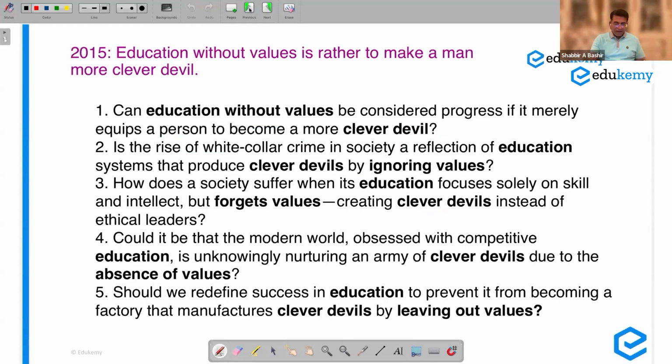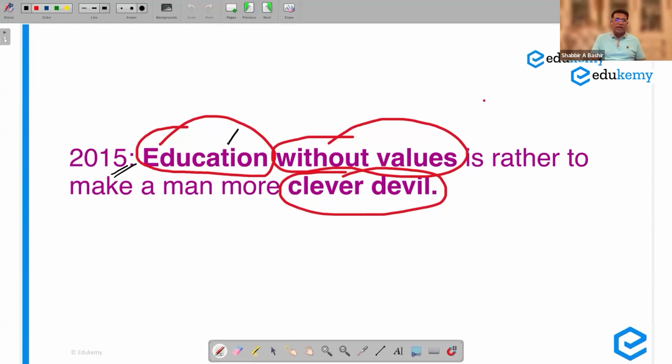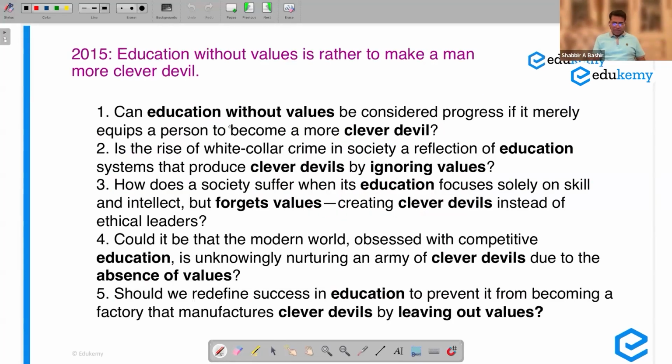In this particular topic, the key phrases were education, without values, and clever devil. Using all the three words, add what, where, how, when, and make questions. Can education without values be considered progress if it merely equips a man to become a more clever devil?